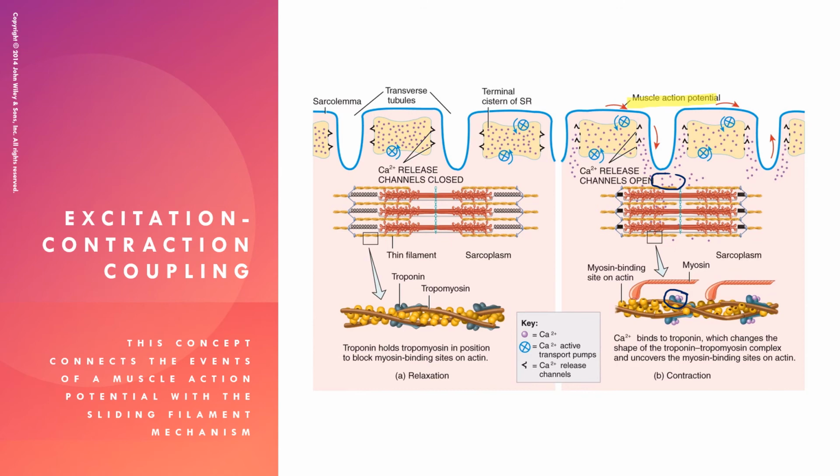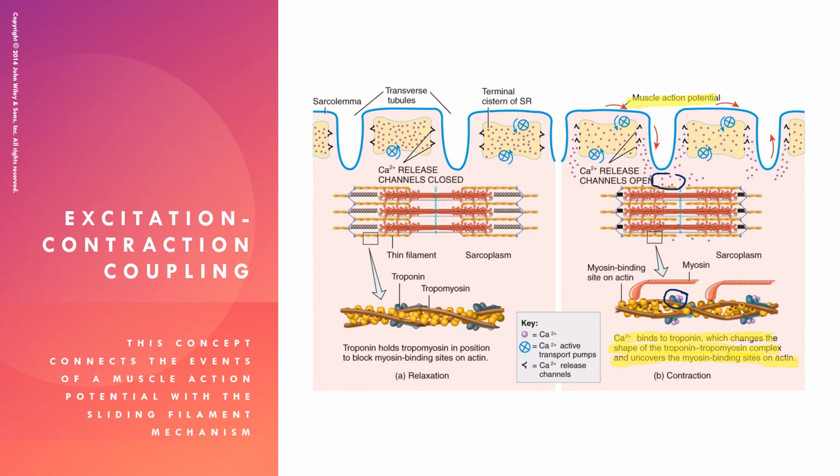It's actually written out right here: uncovers the myosin binding sites on actin. So once those binding sites are free, the myosin heads can bind to them to form a cross bridge, and that's when the contraction cycle begins.